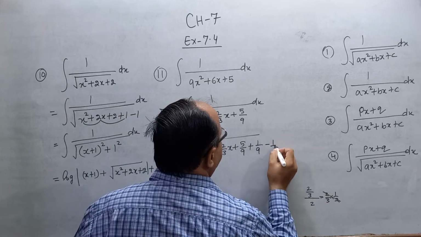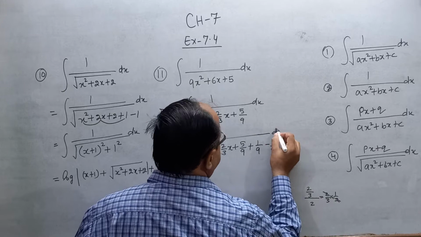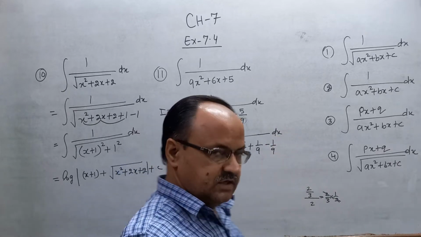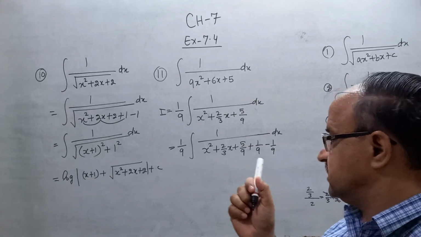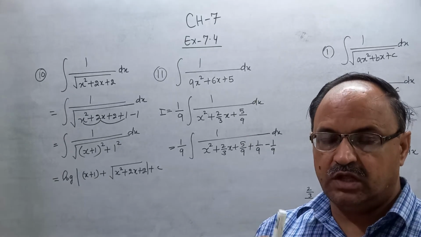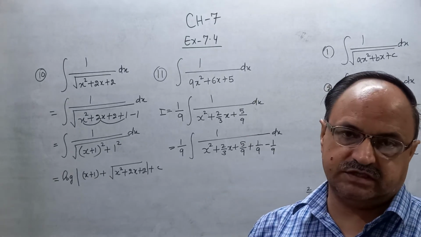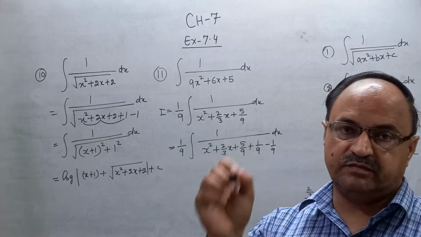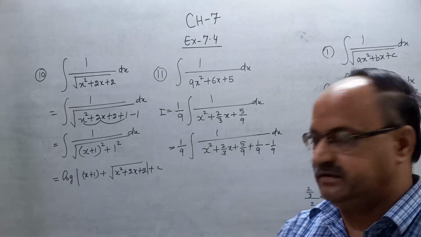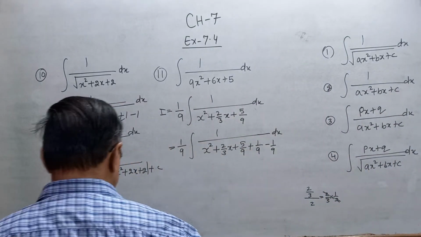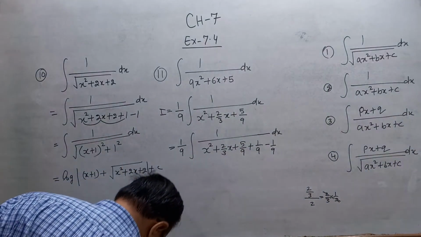Add and subtract 1 by 9. Clear this? Coefficient of x 2 by 3, half of 2 by 3 is 1 by 3, and square of 1 by 3 is 1 by 9. Now add and subtract 1 by 9.